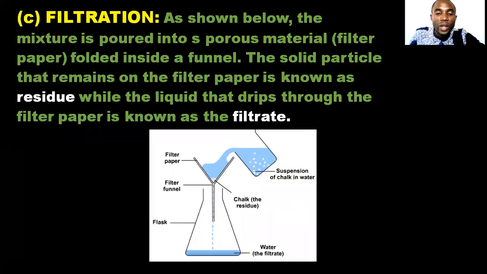All right. The next one you can also do is filtration. Filtration is common in the lab. We do it in the lab, and with that, you separate the solid from the liquid. As you can see, this is a beaker. This is the solid. The liquid will be filtered off, and we use filter paper put in the filter funnel.